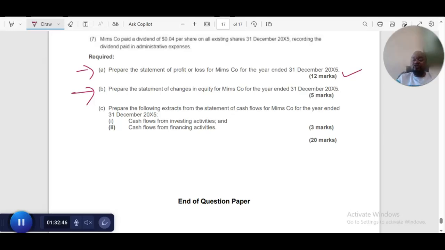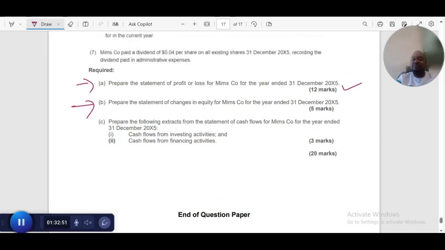So those are related. Those 17 marks, even if your figures are wrong, it doesn't mean that you're going to be penalized here. If you stick to your figures, because examiners just want you to be somebody who's decided. Okay, you have found the wrong retained earnings or wrong profit figure, but if you extract that profit for the year into the correct column in the statement of changes in equity under the retained earnings, then you're not going to be penalized.